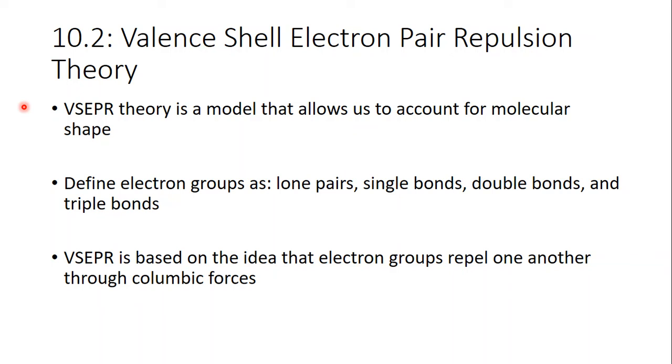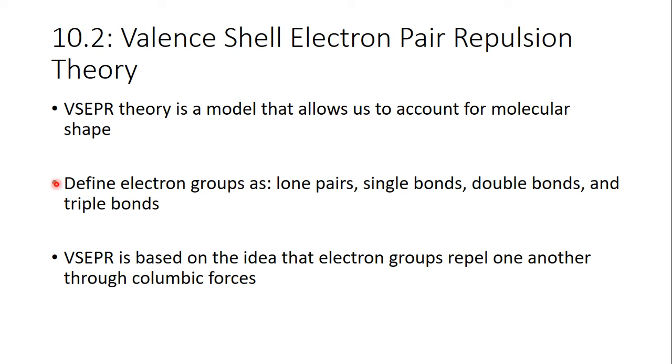In this video, we're going to start exploring the three-dimensional shape of molecules by looking at the valence shell electron pair repulsion theory, or VSEPR. VSEPR is a theory we use to determine the three-dimensional shapes of molecules.